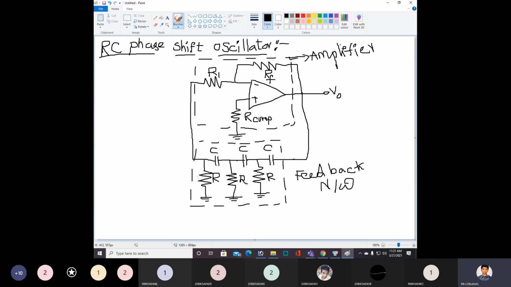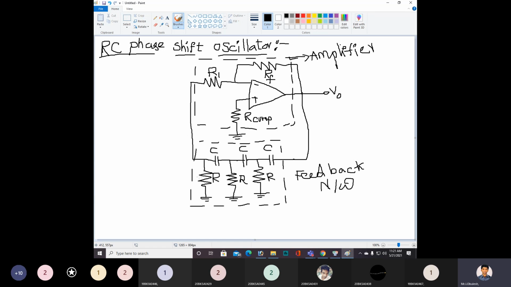Coming to the frequency of oscillations.